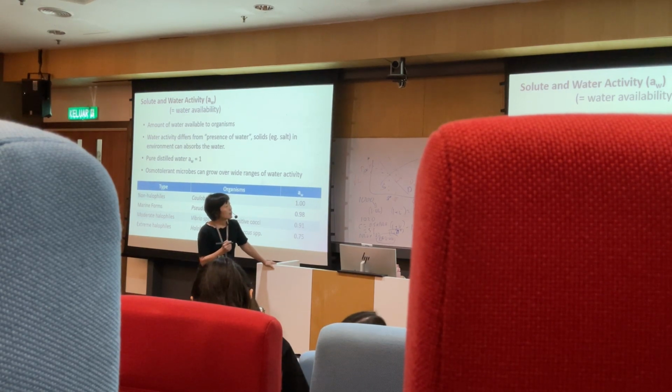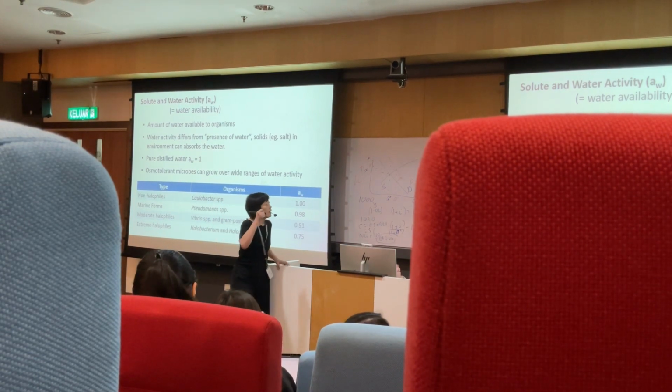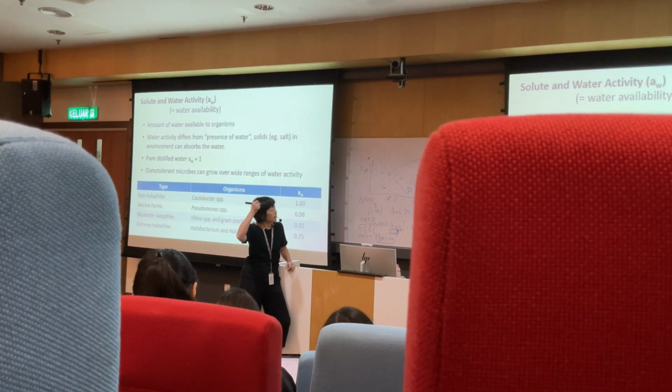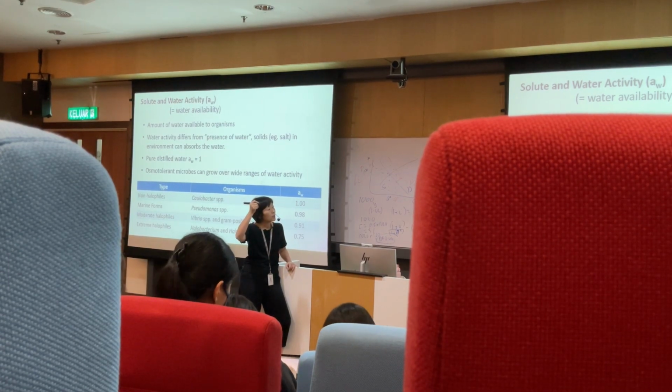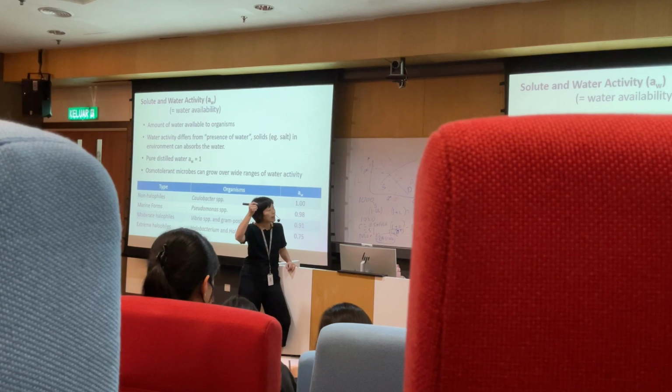Alright? So there are different types of aerophile. Non-aerophile will require water availability of 1, meaning that pure water is present in the environment, with no other solute. Marine, which is a slight aerophile like Pseudomonas, can tolerate 0.98.